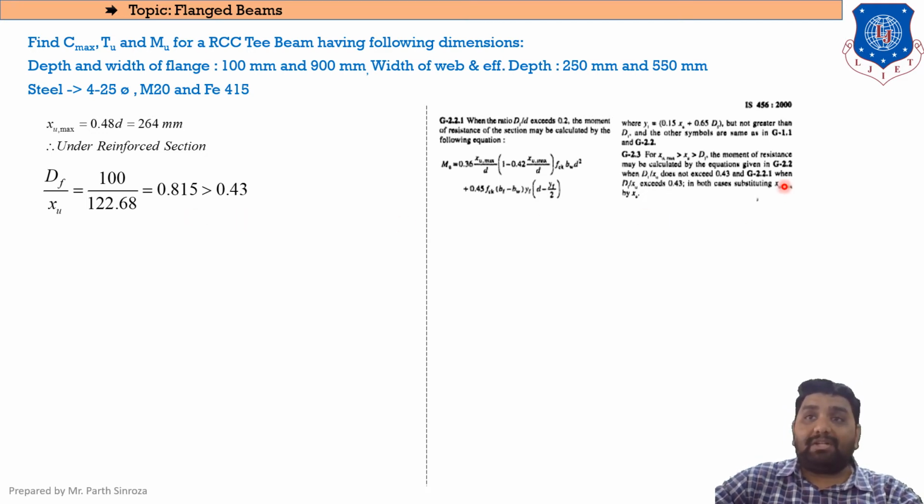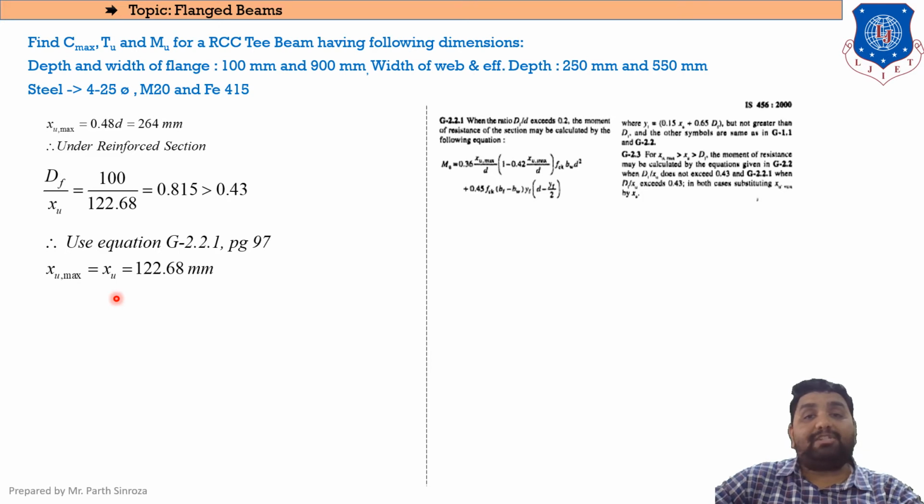So as it is mentioned that when this ratio exceeds 0.43, we will be using the Mu equation given in G2.2.1. That means this equation we will be using, given on page number 97. Always remember that we will be substituting the term XU max by XU.